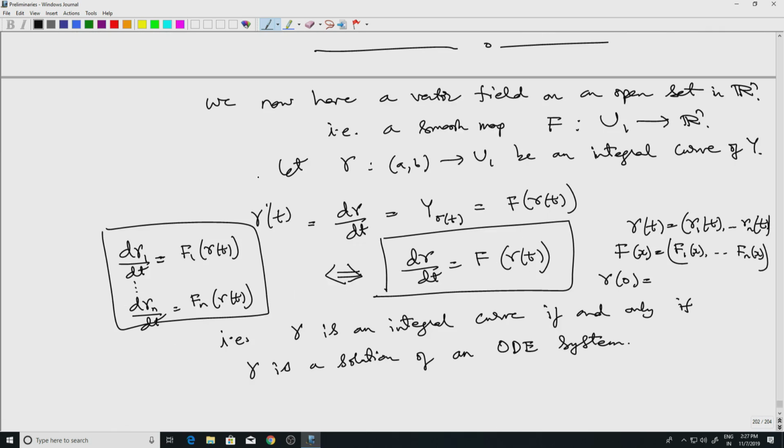So gamma 0 equals phi of p; let me add this as a box here. So gamma 1 of 0 equals phi 1 of p, and so on, gamma n of 0 equals phi n of p.